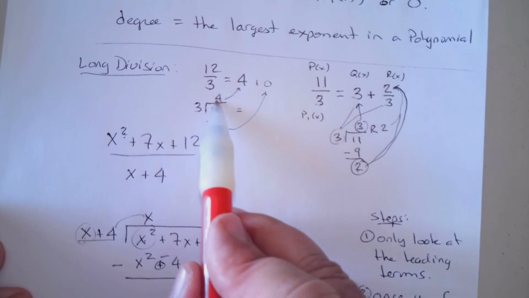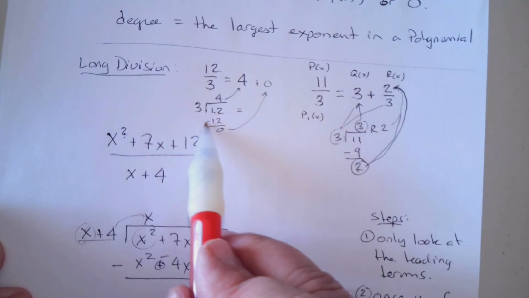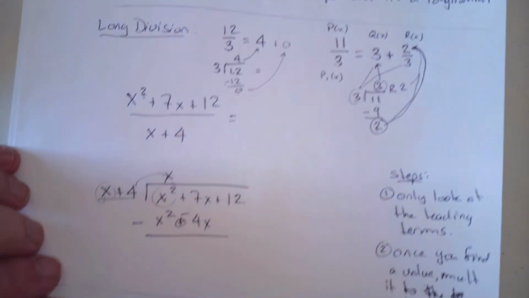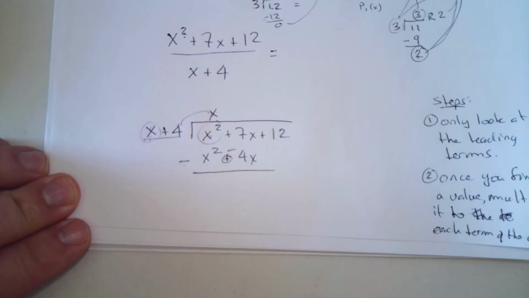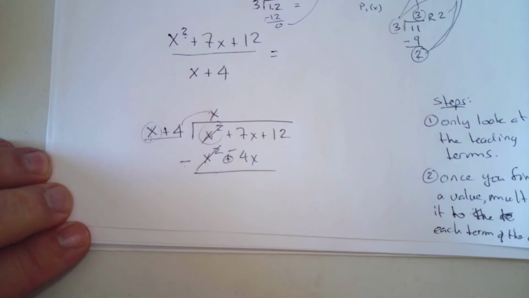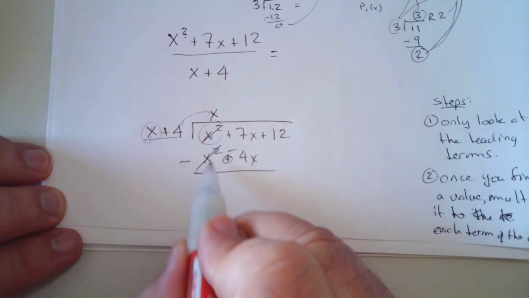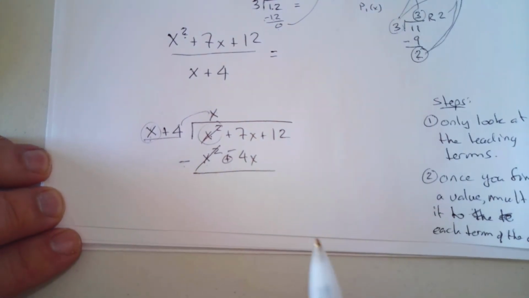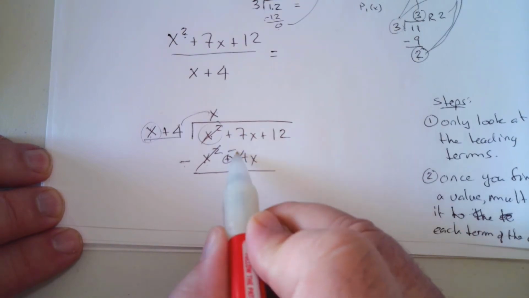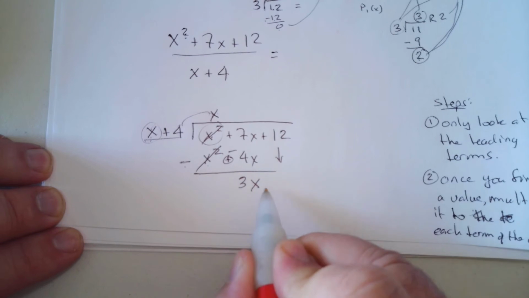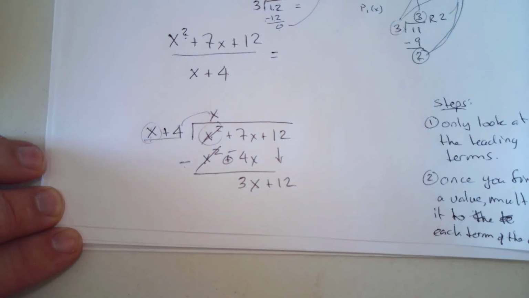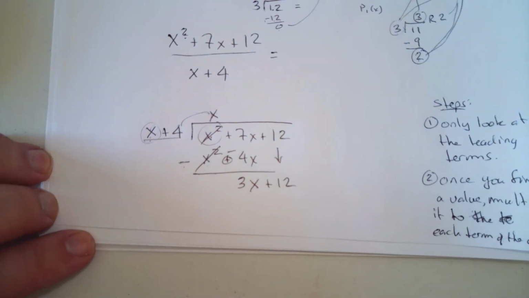It was 4 times 3 is 12, but we have to change the sign to subtract them. So I have to change both of these signs, and now I add them. X squared and x squared, the first terms have to disappear. That's the whole objective. 7 minus 4 is 3x, and bring down everything else.